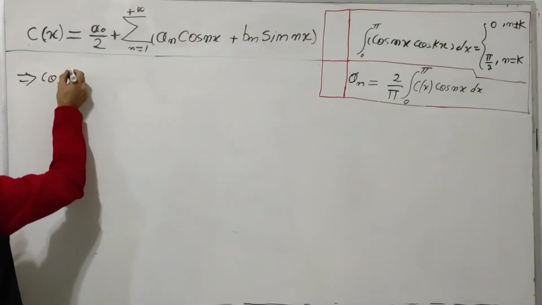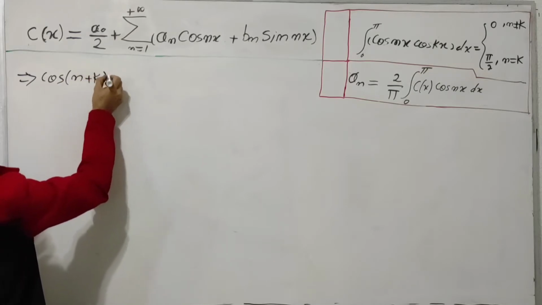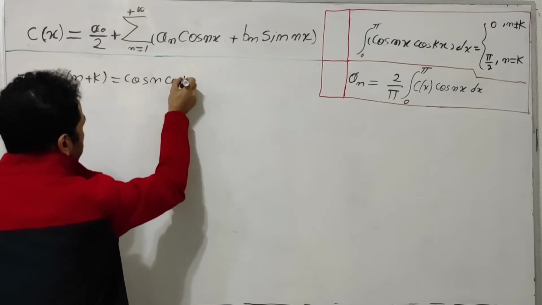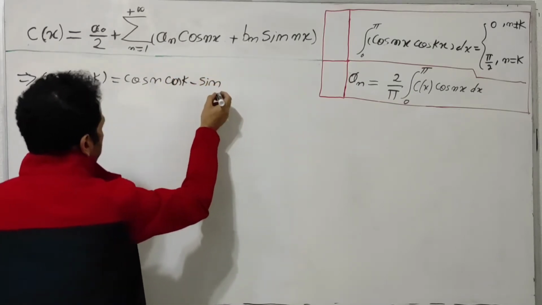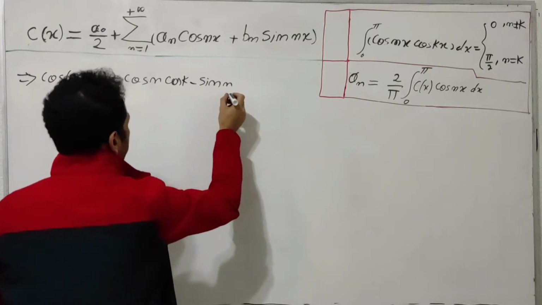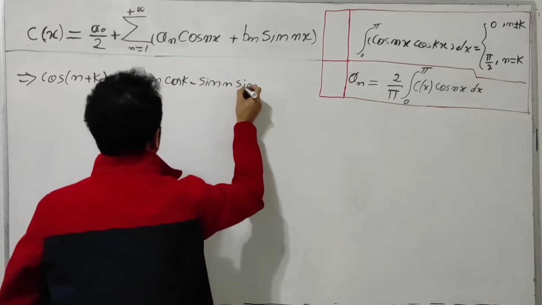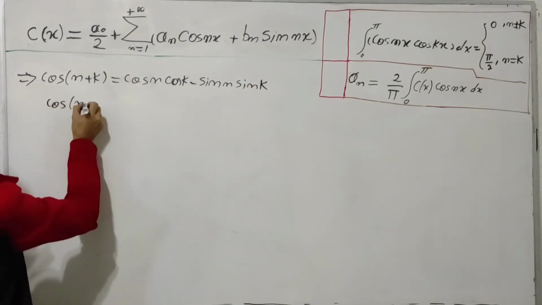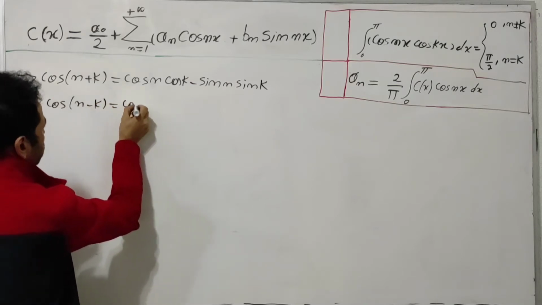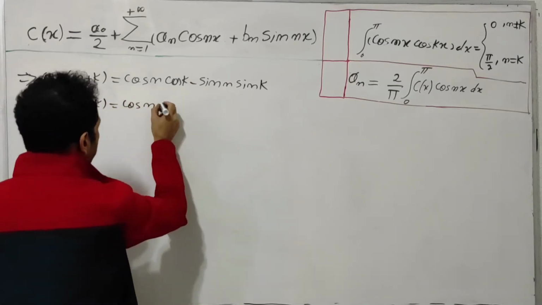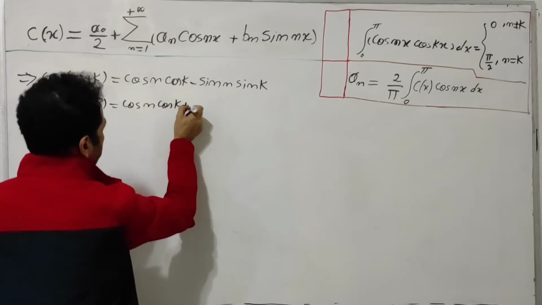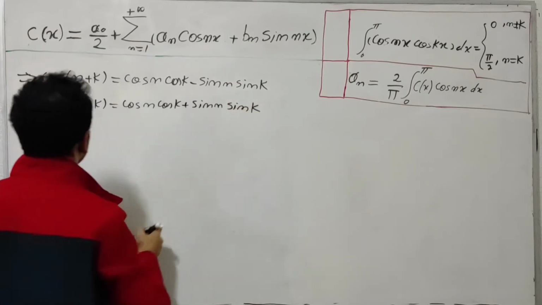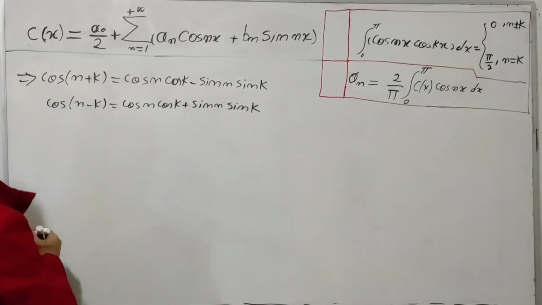So I have cosine of n plus k equal to cosine n multiplied by cosine k minus sine n multiplied by sine k. For cosine of n minus k, it equals cosine n multiplied by cosine k plus sine n multiplied by sine k. So here is the first equation and the second equation.